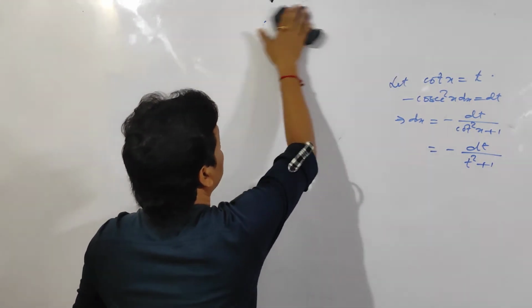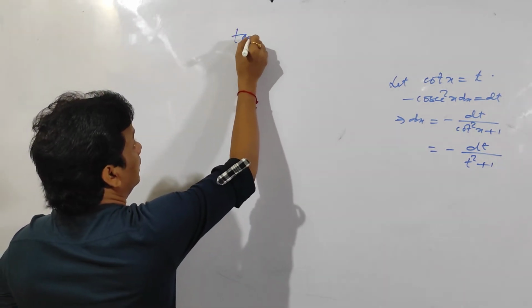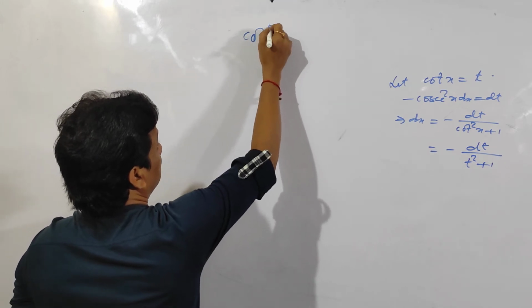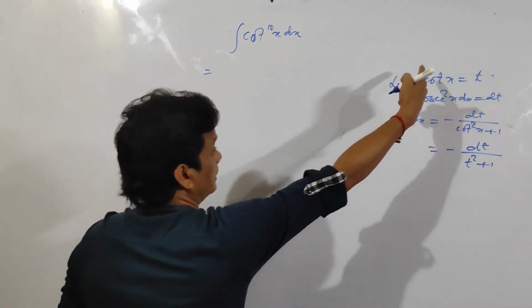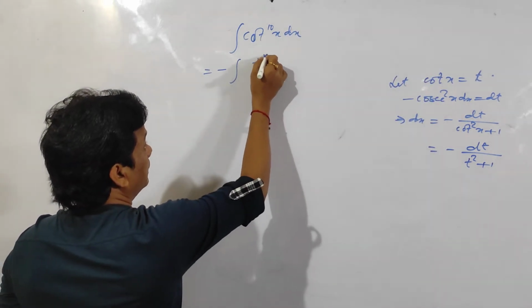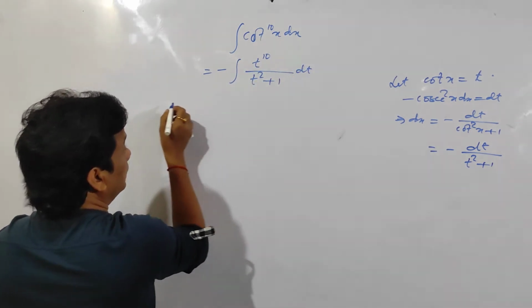How to do the problems. It is cot to the power 10 x into dx. It will become, write these things on the right hand side, minus t to the power 10 divided by t squared plus 1 into dt. Clear?